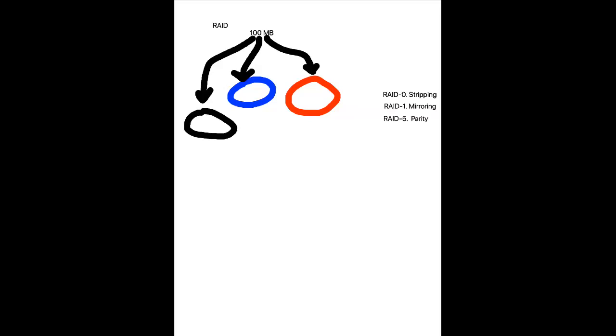Interestingly, for example, think of something like this is 1 terabyte of hard disk, this is 1 terabyte of hard disk, and this is 1 terabyte of hard disk. Now, in case of RAID 0, the effective storage we get is 3 terabyte.